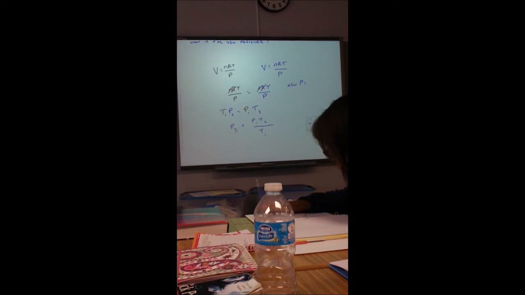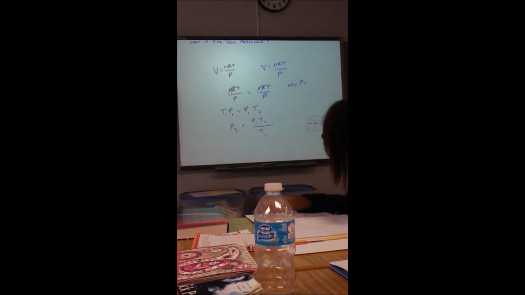So again, you could have chosen an arbitrary number for number of moles and volume and plugged it in, or you could have done it something like this, wherein you set the ideal gas equation in its initial conditions equal to the ideal gas equation in the final condition. And you can do that because, again, 3 of the variables remain unchanged.